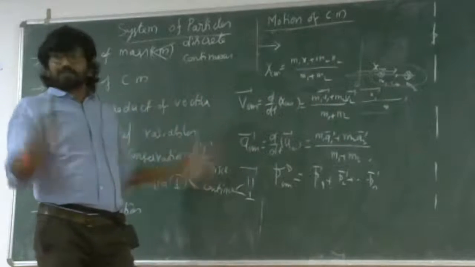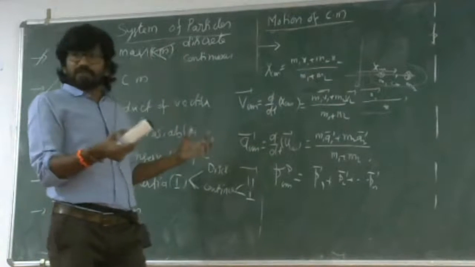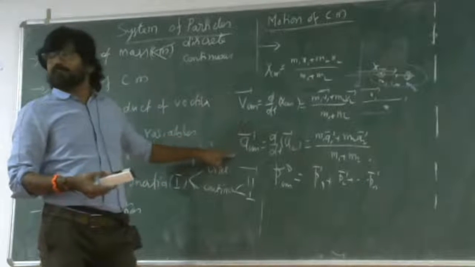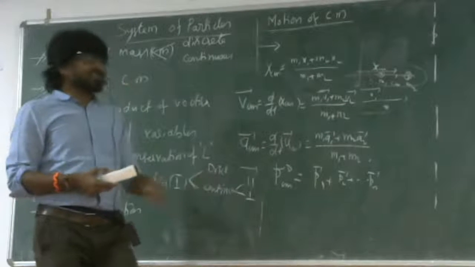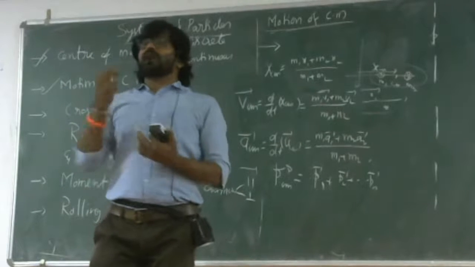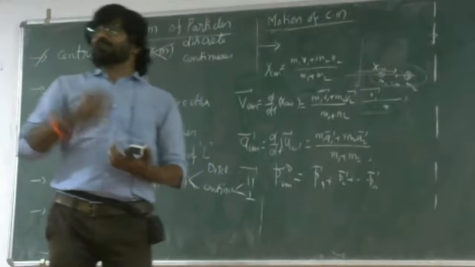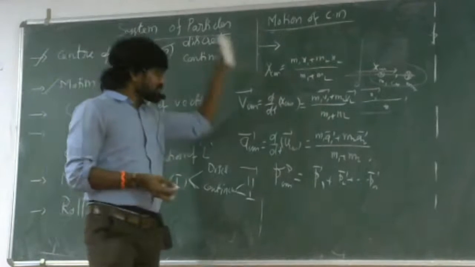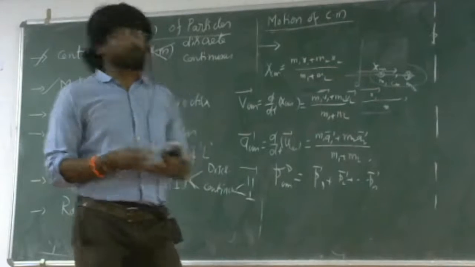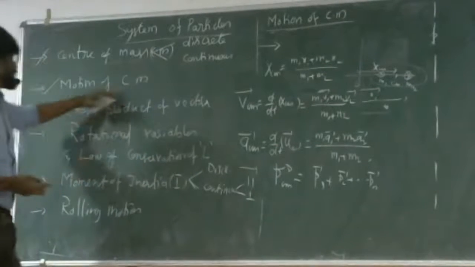So if n forces act at different points, the vector sum of all those forces is equal to the net force acting on the center of mass. Based on these relations, direct numericals sometimes come up, so you just need an idea about these expressions so that you can attempt them. These are a few points related to the motion of the center of mass.